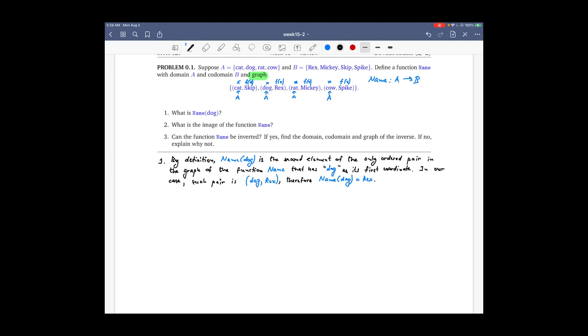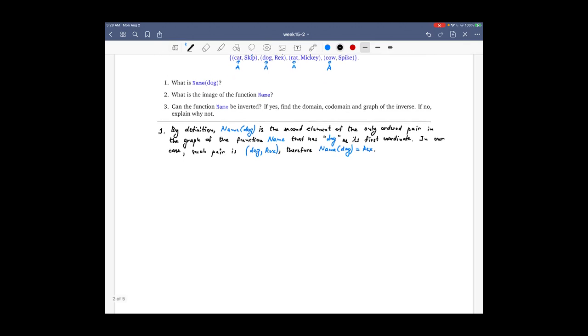Now, in the second question, we need to find the image of the function name. Again, it won't hurt to recall the definition of the concept of image.